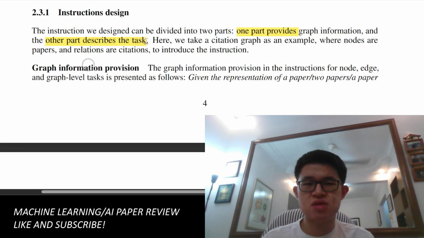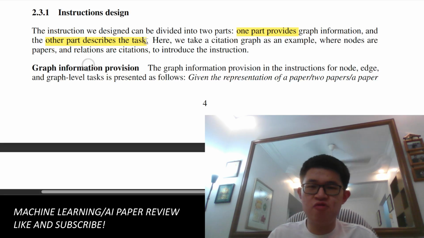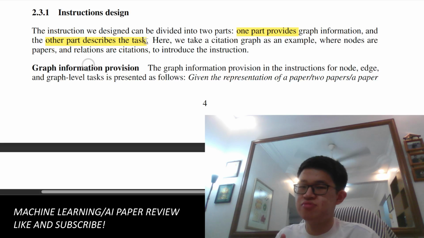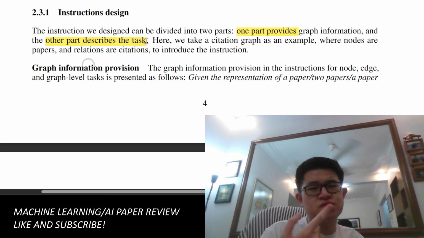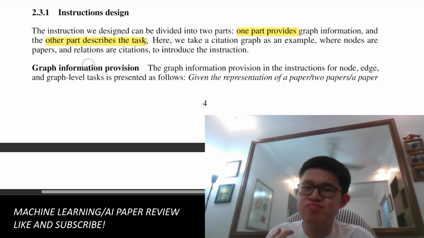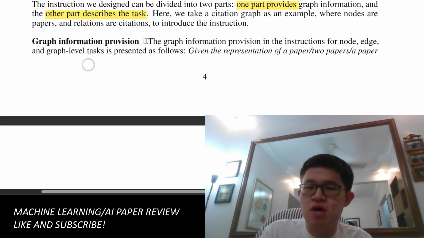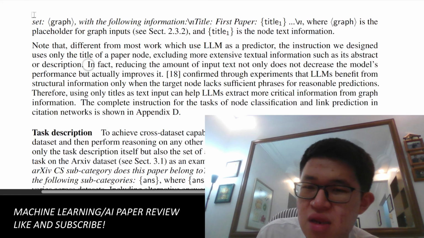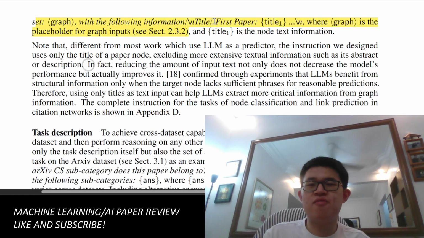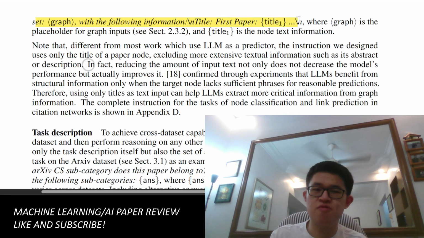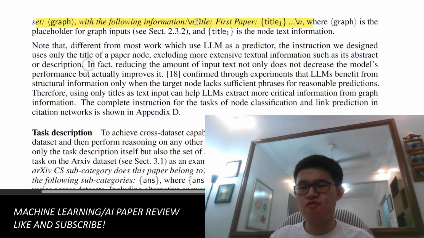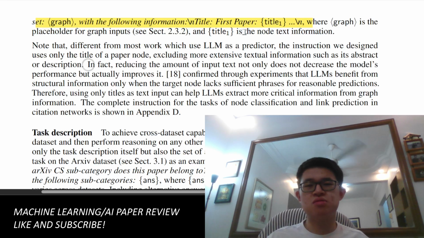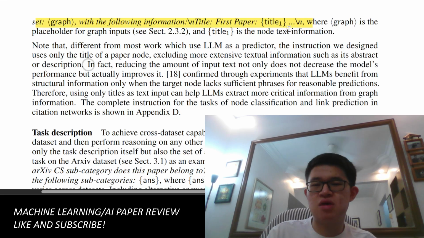So there's one for graph information, and the other one is about the task. What's the graph information? Given the representation of a paper, paper set graph with the following information: title, first paper, where graph is the placeholder for graph inputs, and title is the node text information.